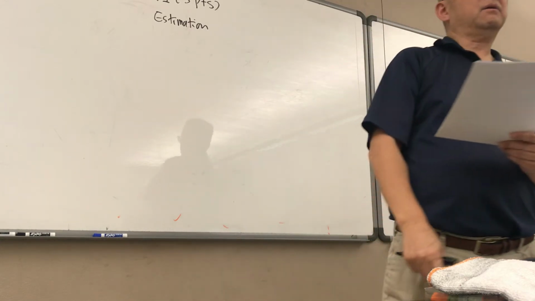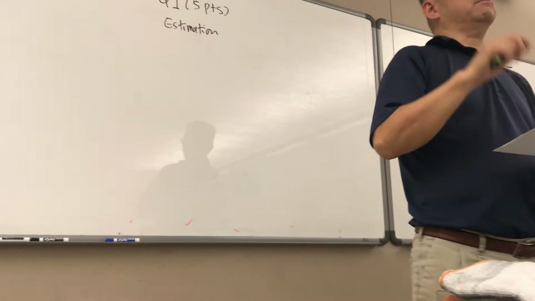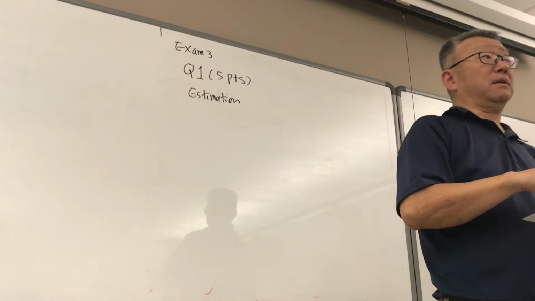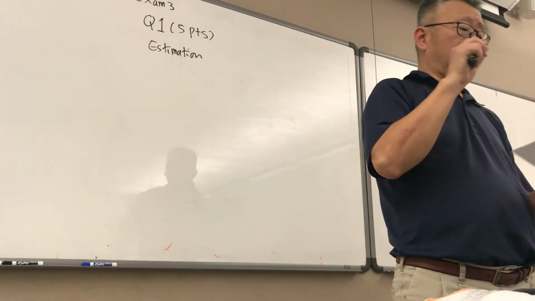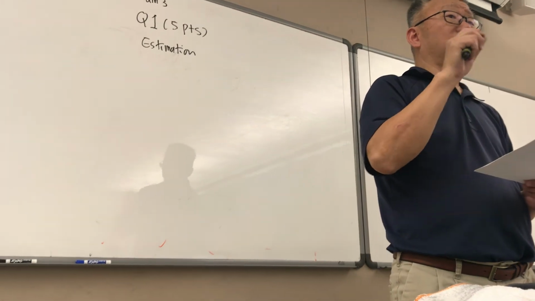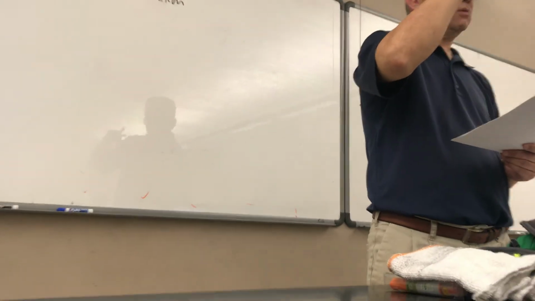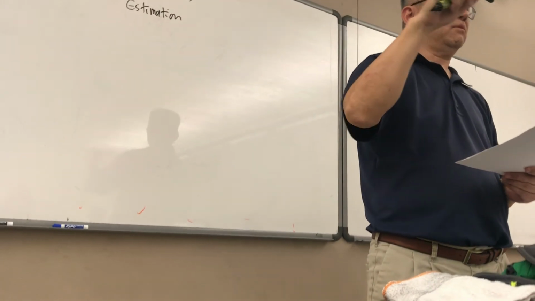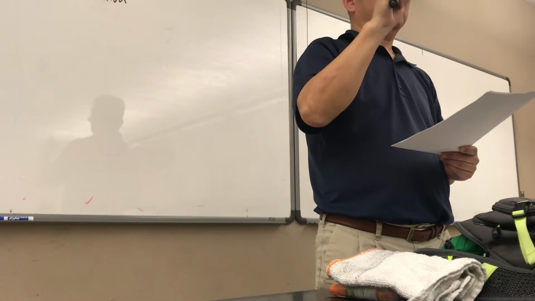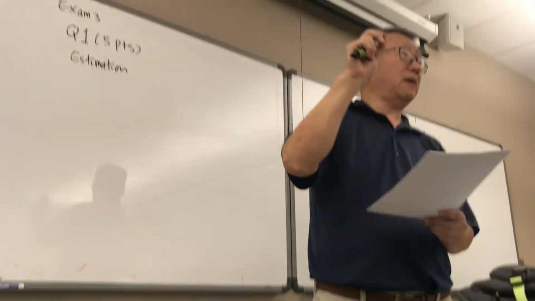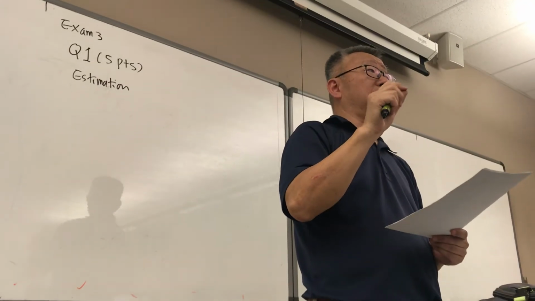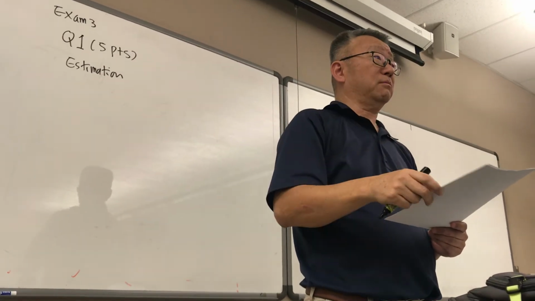Now, the major mistake that I see when I grade this paper is that students are using the wrong table. Instead of using Z alpha over 2, they are using T alpha over 2 or vice versa. If you find the wrong critical value, everything else is going to be wrong, right?